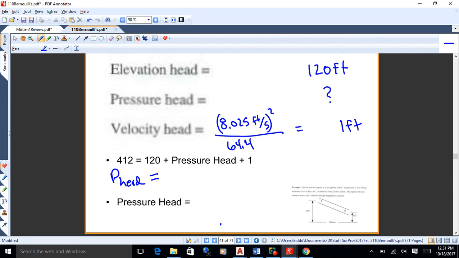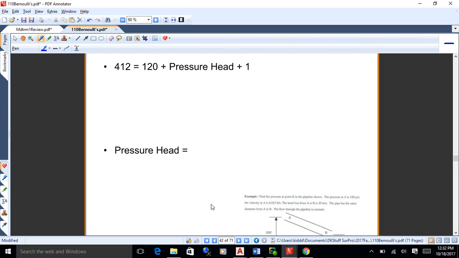So that's 291. Okay, 291. All right, so that's the pressure head at B.